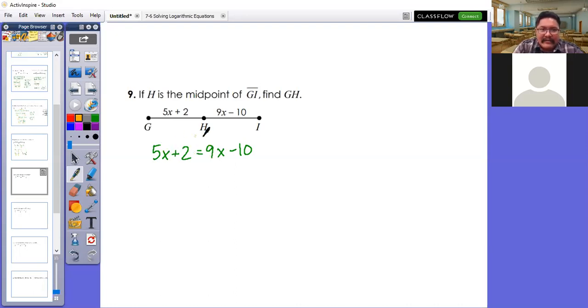So what I'm going to do now is pick a side for the x to go on. Now, if I subtract 9x, it's going to cause it to move to the left, but it's going to be negative. And me personally, I like to keep the x positive. It's just less confusing, especially when you have those inequalities, those less than or greater than signs.